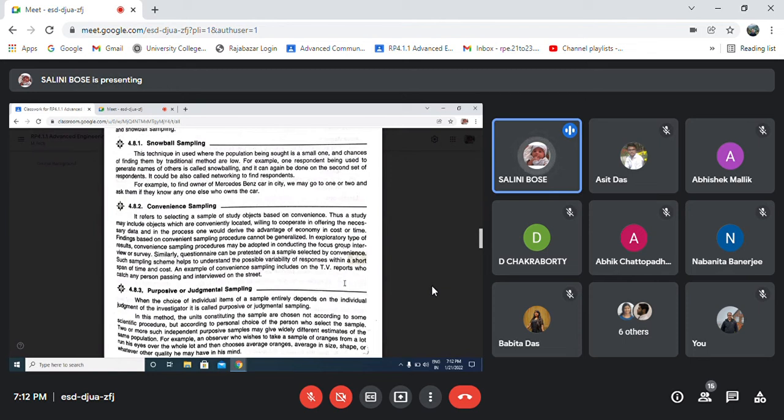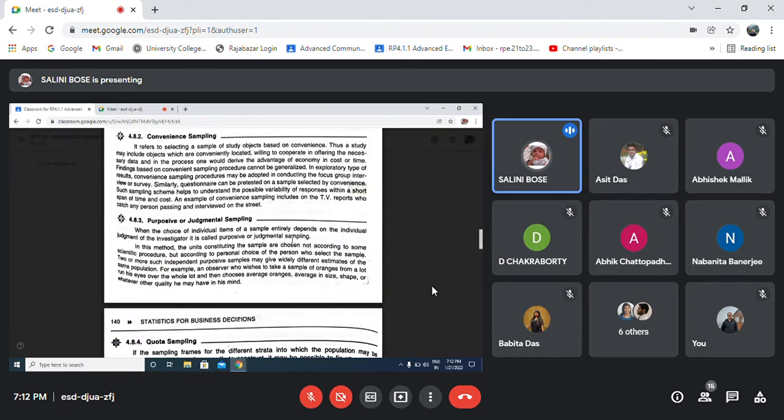So these are convenience sampling. They depend on your personal convenience, some study which is convenient to you. That is called convenience sampling, depending on your convenience.